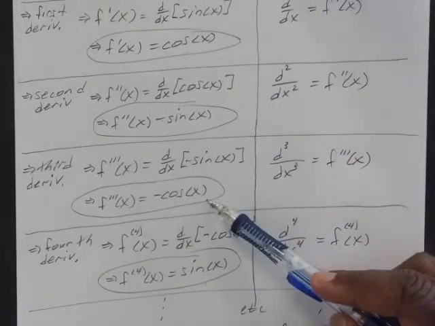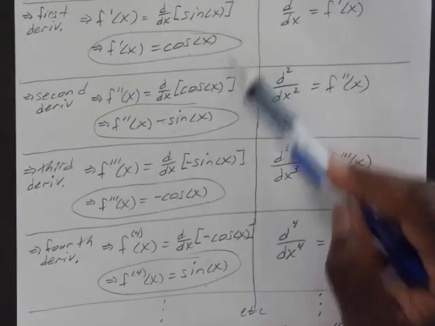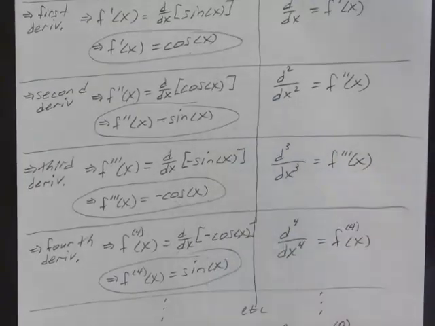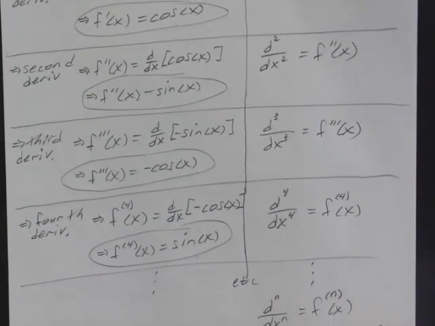Sixth derivative, seventh derivative, eighth derivative, 9, 10, 11, 12, 13, 14, 15. So it's just that constant rotation of every 4 derivatives, you end right back up at sine of x. And it's pretty similar for cosine, too, if you do the same thing. Every fourth derivative, you're right back at cosine, if you had your f of x equal cosine of x.